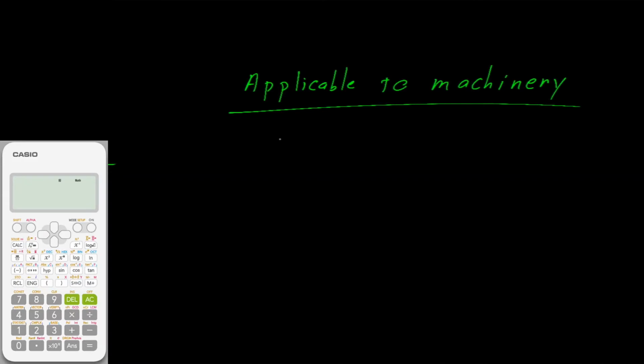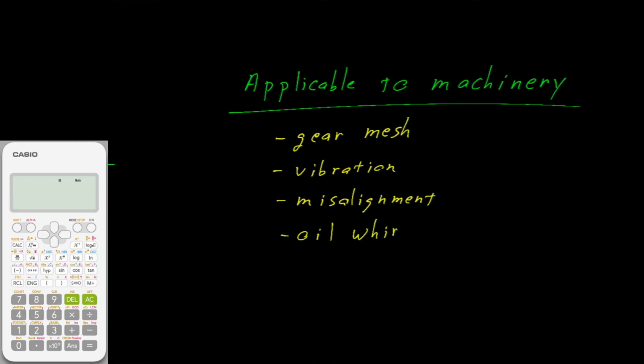As a sidebar, everything we've talked about is applicable to machinery. We mean things such as gear mesh, vibration, or misalignment, oil whirl, and the condition of motors.